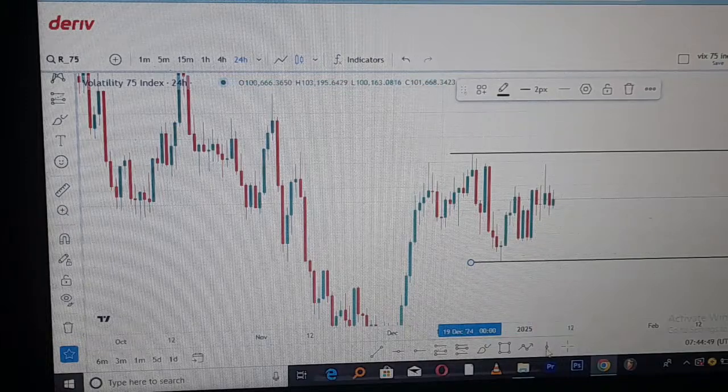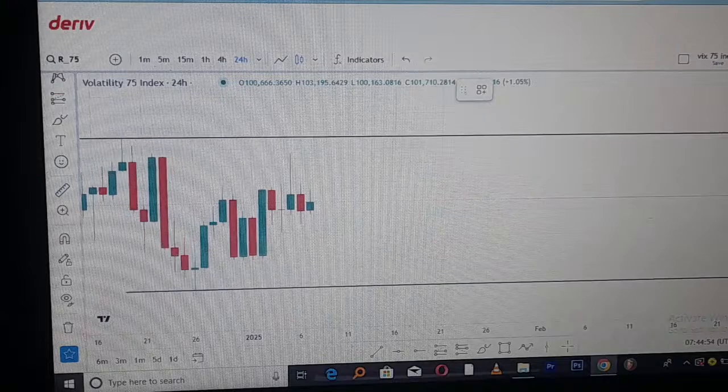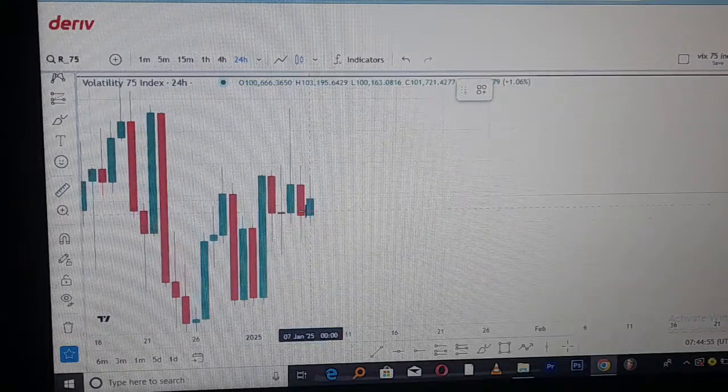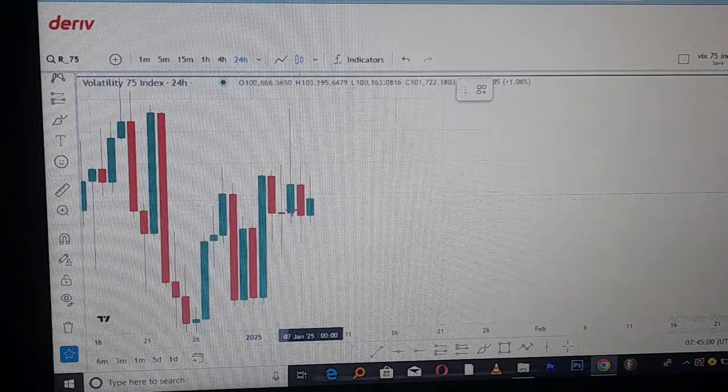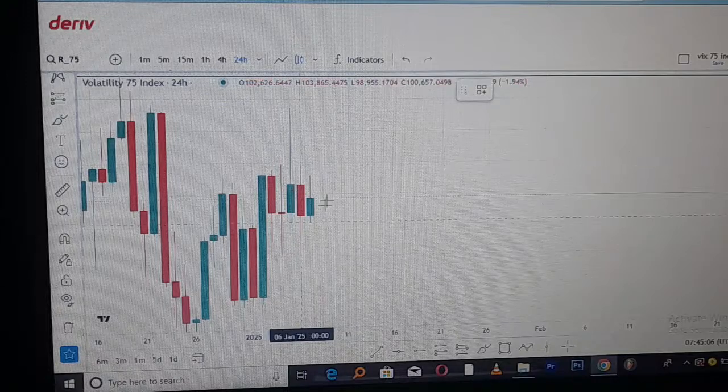What we have to do is get our vertical line. Our vertical line always helps us identify our daily open and our daily close. This is our day now. This is our today. So we are here now. What is our daily bias? Our daily bias is buy. Why is it a buy?